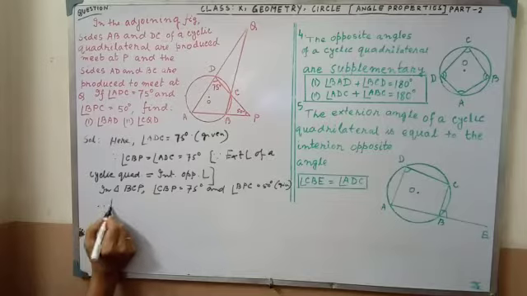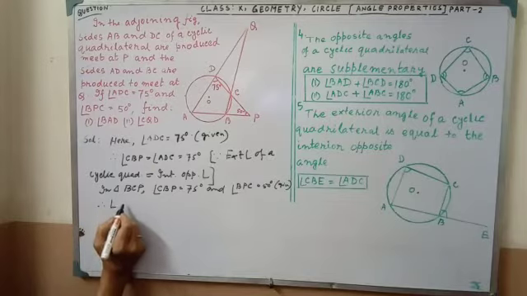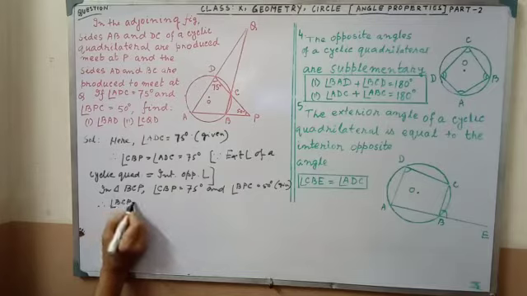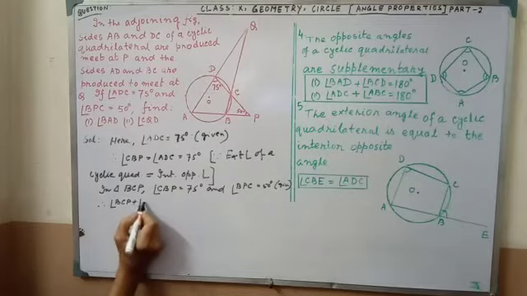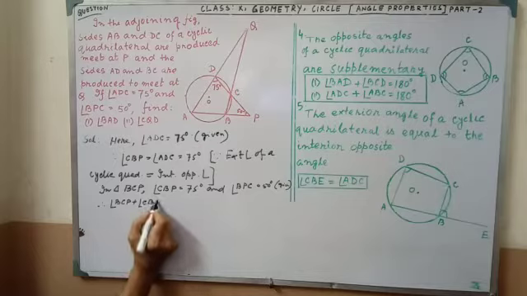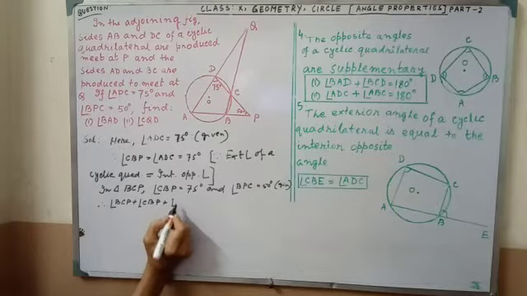Therefore in triangle BCP, angle BCP plus angle CBP plus angle BPC equal to 180 degrees.